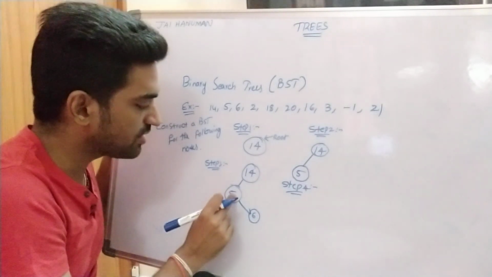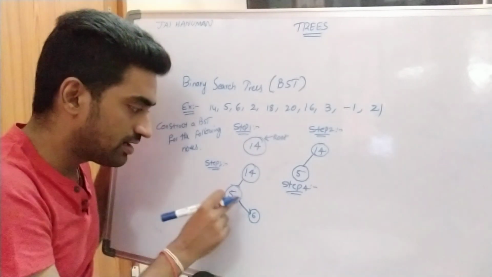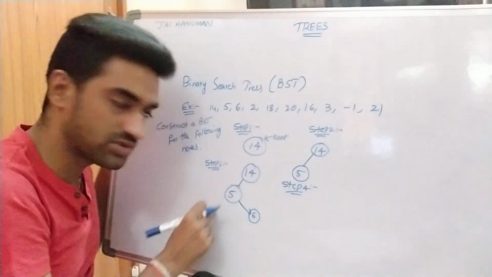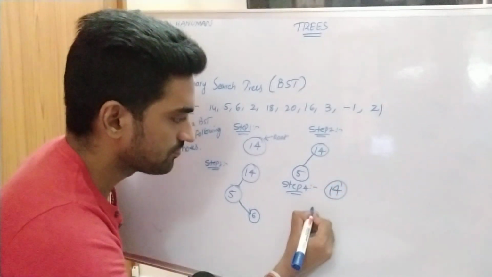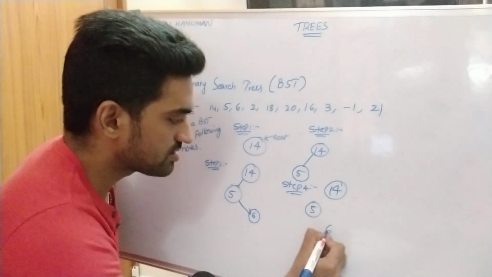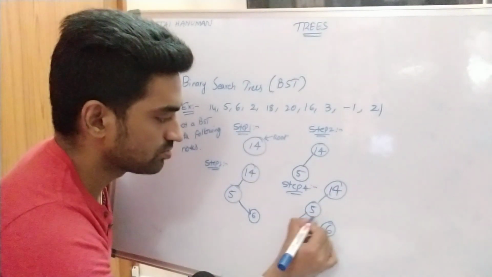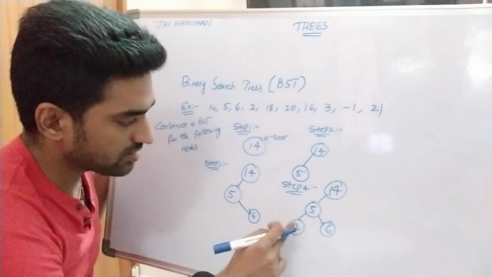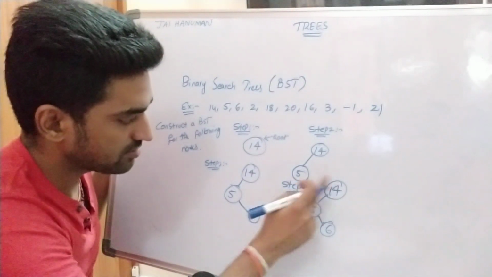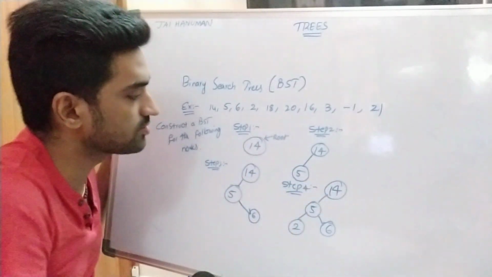When compared to the left subtree root, it is a lesser value, so we can insert it at the leftmost position of the left subtree, right? So here the tree becomes 14, 5, 6, 2, right? Here all the binary search tree properties are satisfied by this tree. So this is the root, right now.